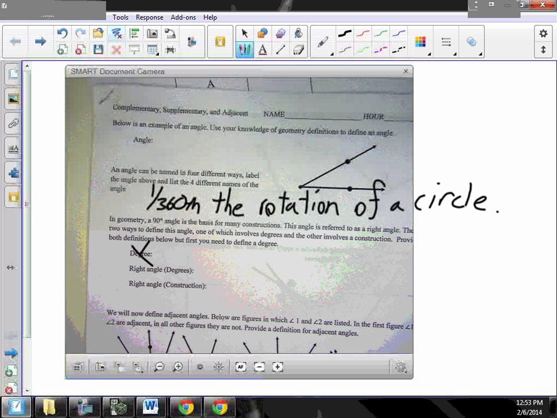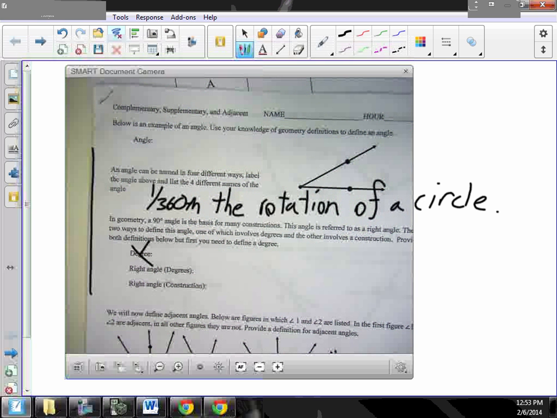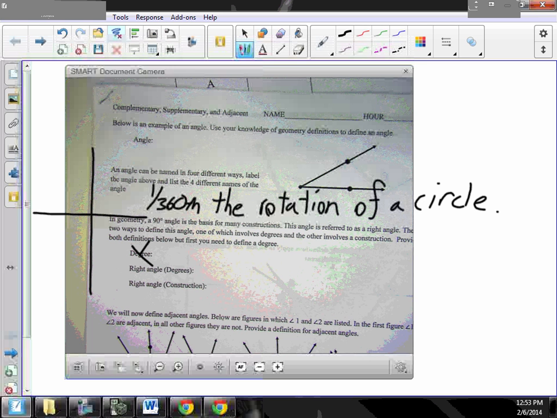So how would you describe a right angle without talking about the degree? And here's a hint: the word perpendicular doesn't work. Okay, so if we did the angle formed by a vertical line and a horizontal line, that works, right? If you have a perfectly vertical line and a perfectly horizontal line, you create a right angle.